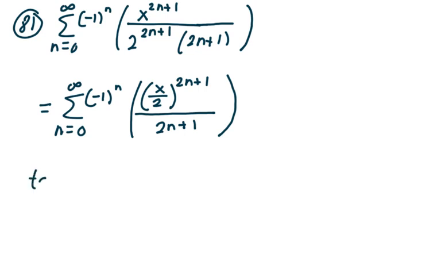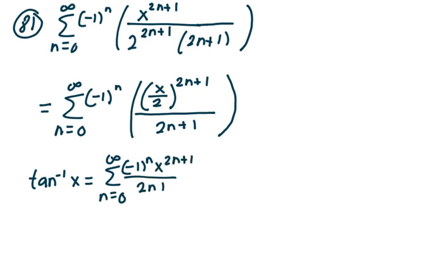So remember that arctangent x is the summation from n equals 0 to infinity of negative 1 to the n, x to the 2n plus 1 divided by 2n plus 1. And then all I have to do up here is just replace x with x over 2.